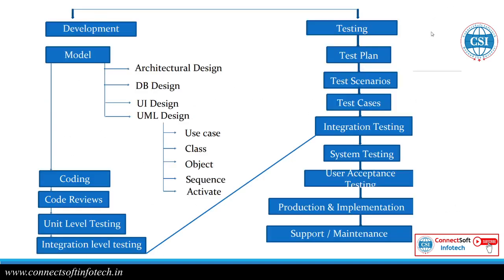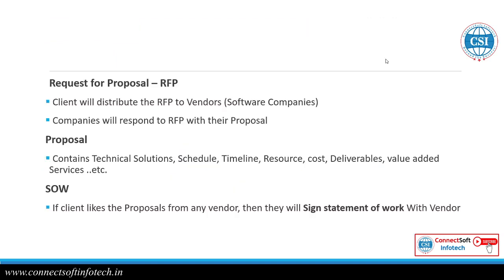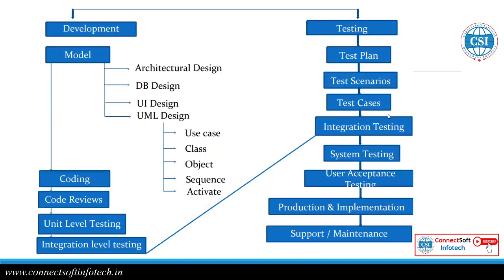This is the development team, this is the QA team. The test lead creates a test plan. Then, according to the test plan, the SRS and FRS documentation, we write the scenarios, derived from the use cases.